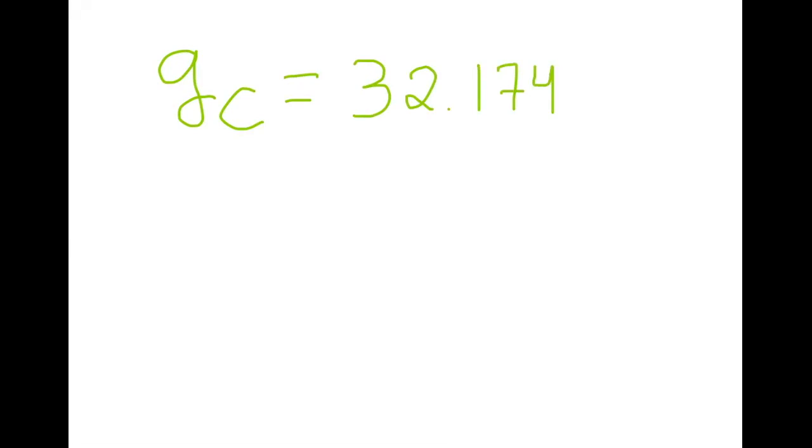One very common conversion factor used, especially in the English system, is the GC. The GC has a value of 32.174 foot times pound mass over second squared times pound force.